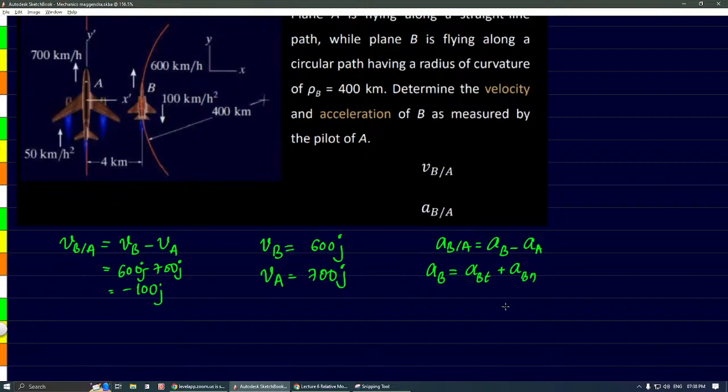So what is the tangential acceleration? Of course it is tangent to the curve, but what is its value? How do we find it? Oh, that is the normal one, no? Normal is same as centripetal, right?